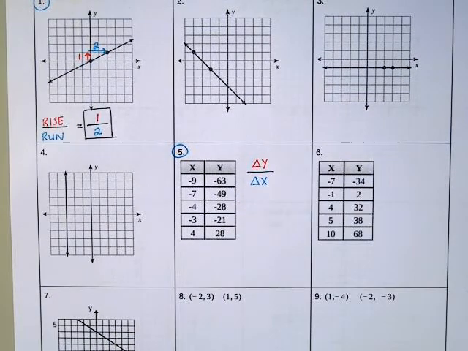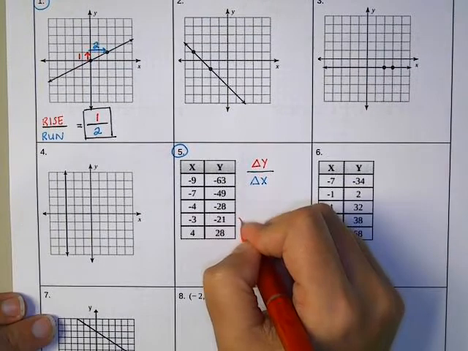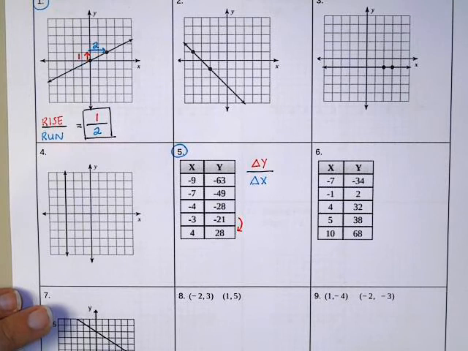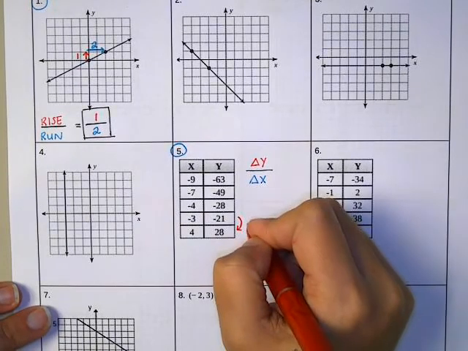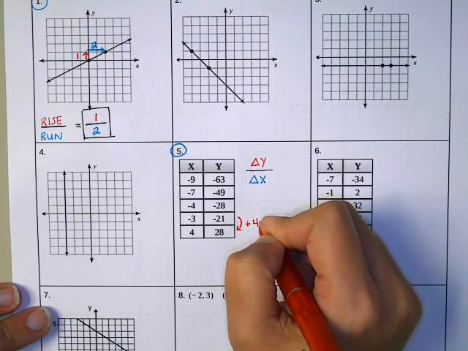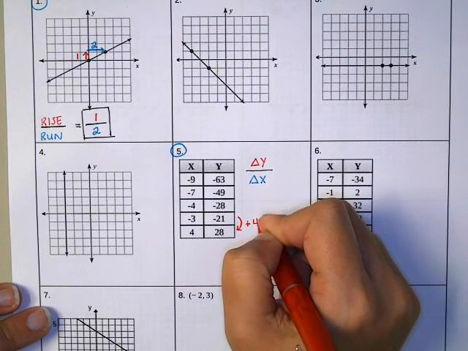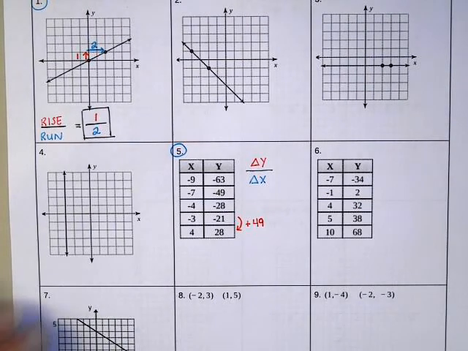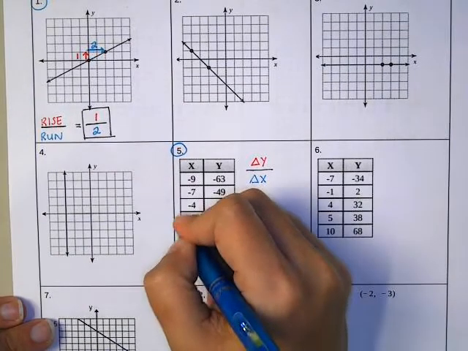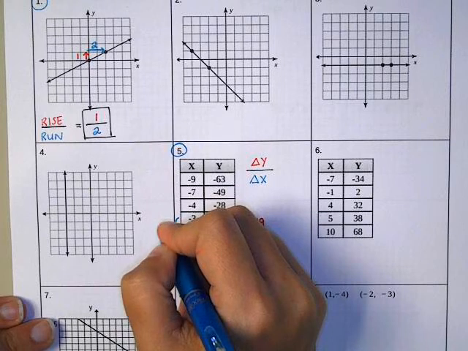So from this table, let's start with the y values. To go from -21 to +28, I need to add 49. To go from -3 to +4, I need to add 7.